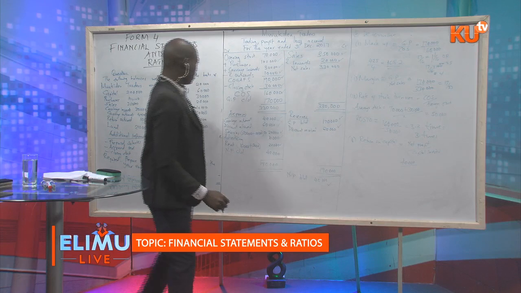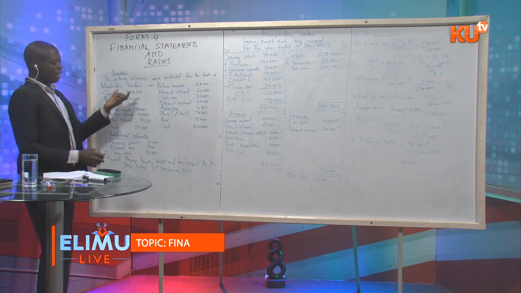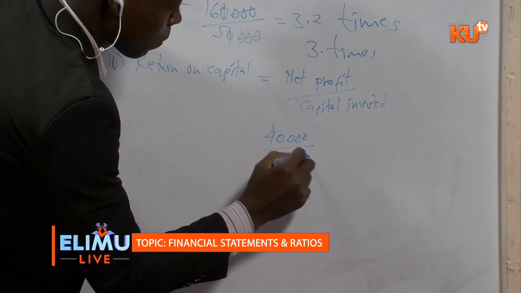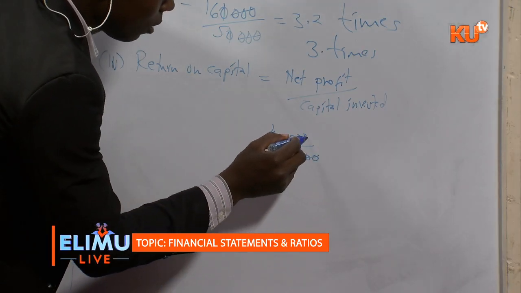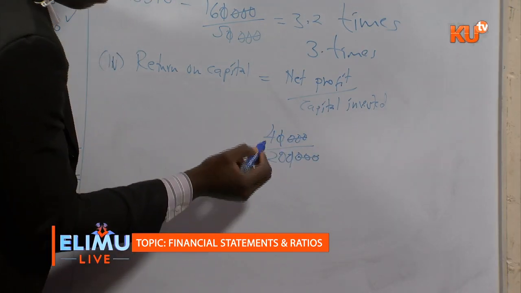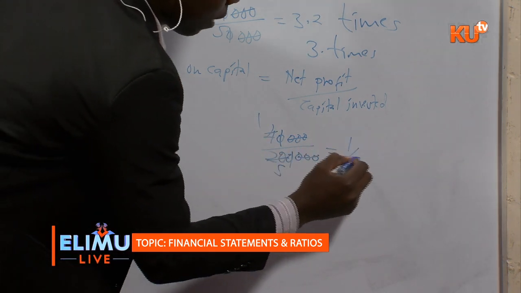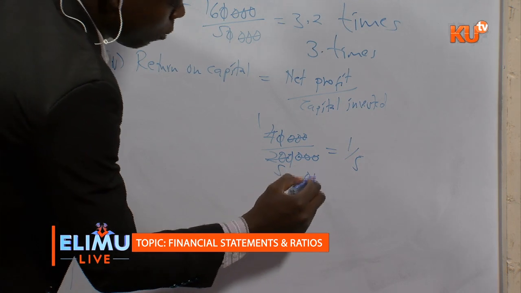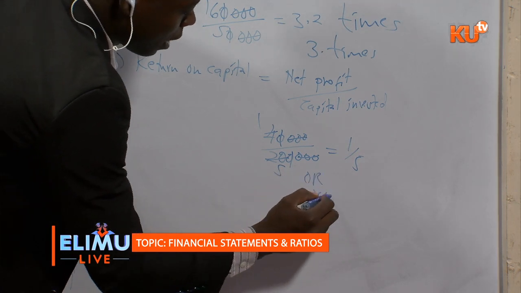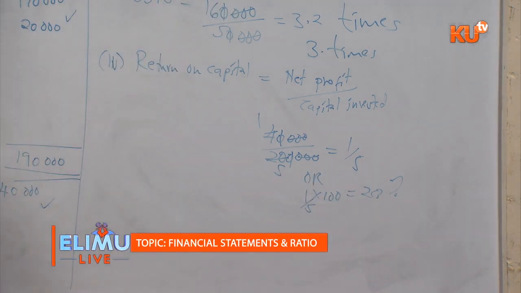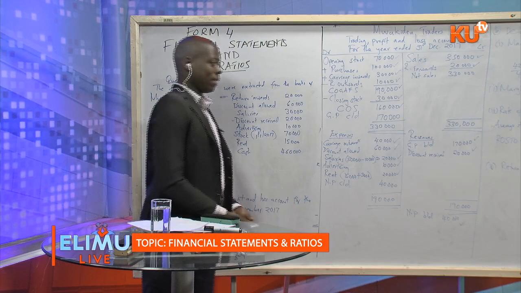Capital invested, in our case, was 200,000. So we divide by 200,000. This cancels out, that is 1 over 5. Or as a percentage, 1 over 5 times 100, which will give us 20%. So the return on capital is 20%.